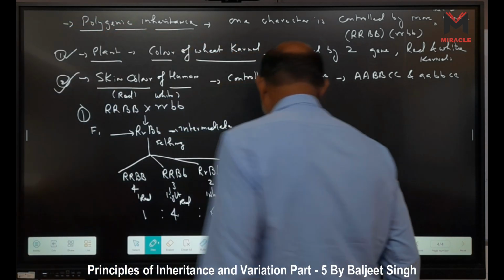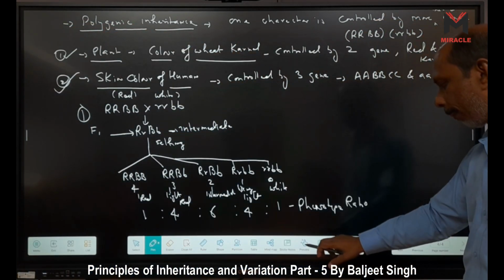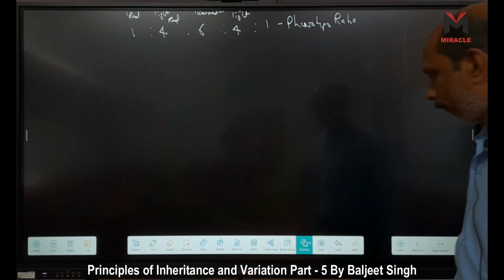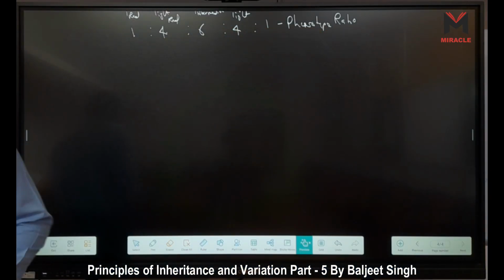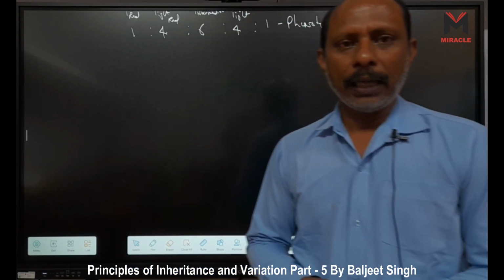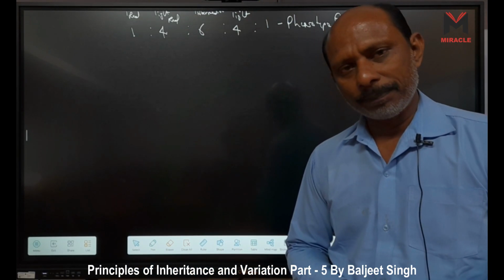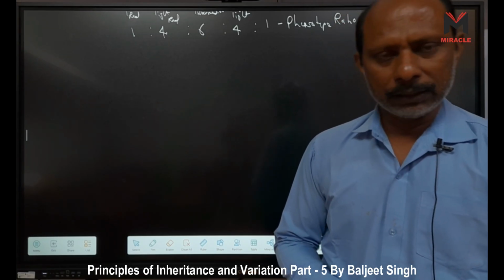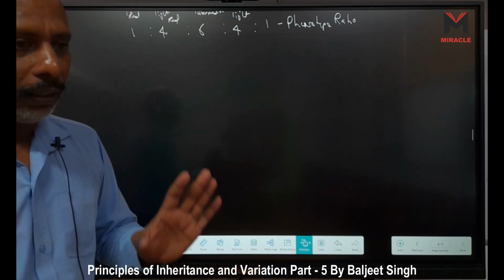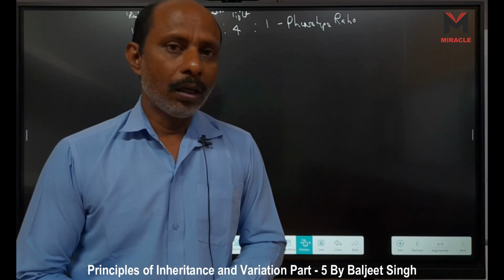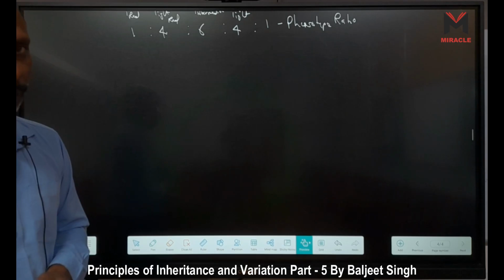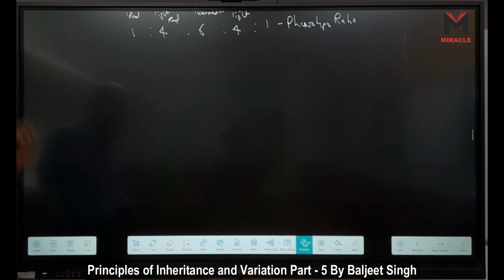So we have to see how skin color is controlled by 3 alleles: capital A, capital B, capital C, or small a, small b, small c. Because it is a tri-hybrid cross, how many zygotes are formed? 64 zygotes in a tri-hybrid cross, because 3 genes, 3 alleles are there.